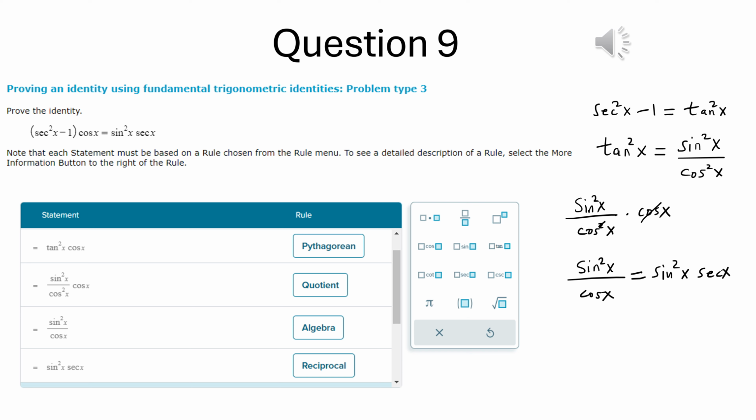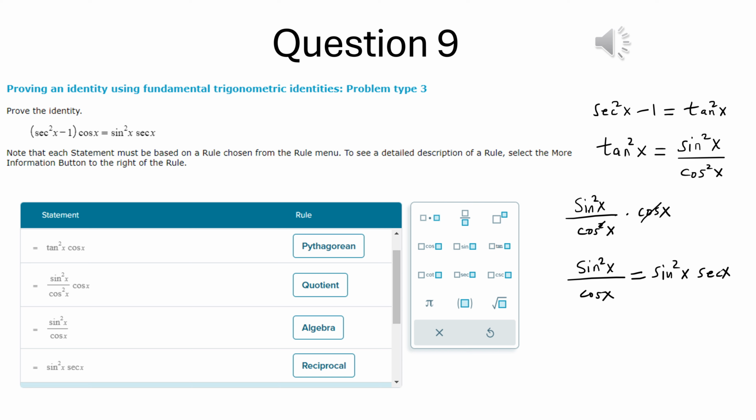Okay, in this one you take the left hand side of the identity. I know very well that secant square minus 1 is equal to tangent square. You replace it. You use the Pythagorean identity, of course. And the second step, well, you have the equation because tangent square is equal to sine square over cosine square.